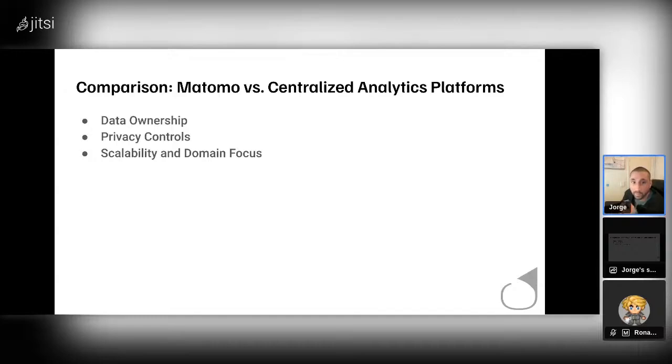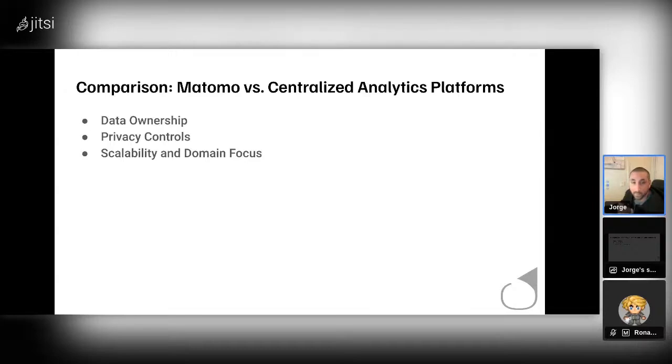In contrast, centralized analytics platforms like many cloud-based solutions store data externally on their own servers. This means organizations may have limited control over their data security, access, and long-term usage. Matomo's model ensures complete data autonomy, aligning with data mesh emphasis on decentralized and domain-specific ownership.